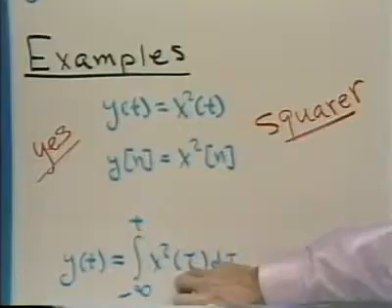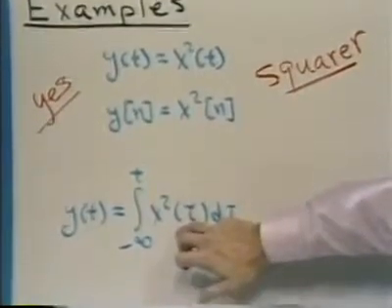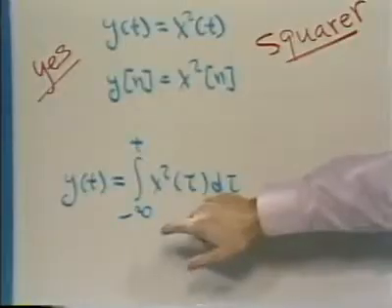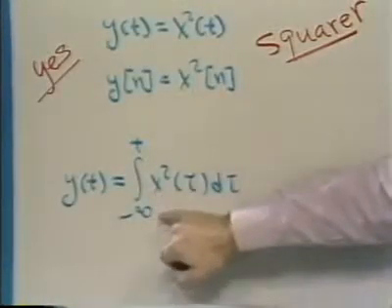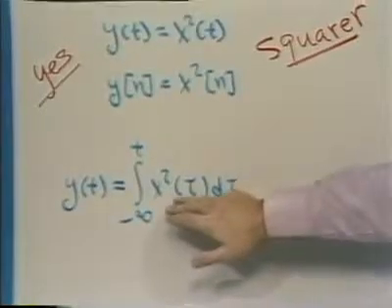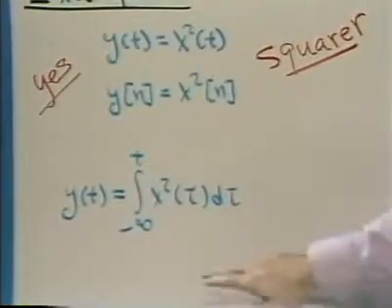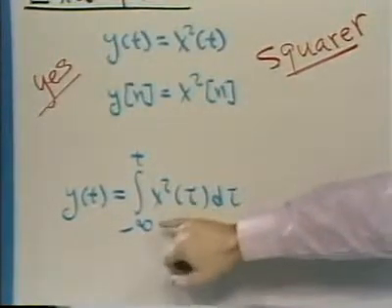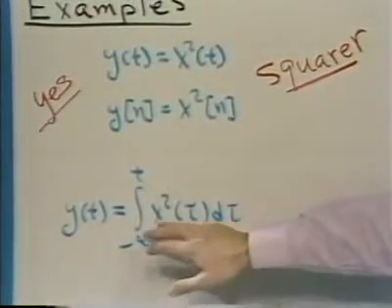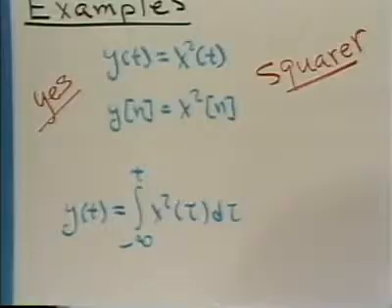Another important system is what is referred to as an integrator. The output is equal to the integral of the input. Here, as I've indicated it, it's not just integrating x of t, but it's integrating the square of x of t.